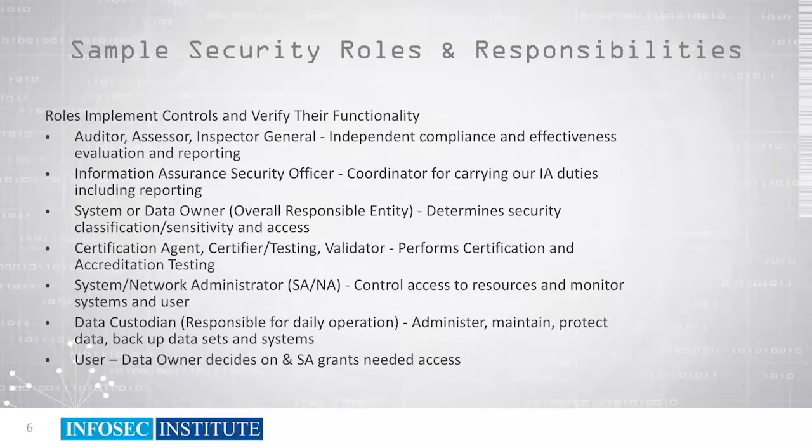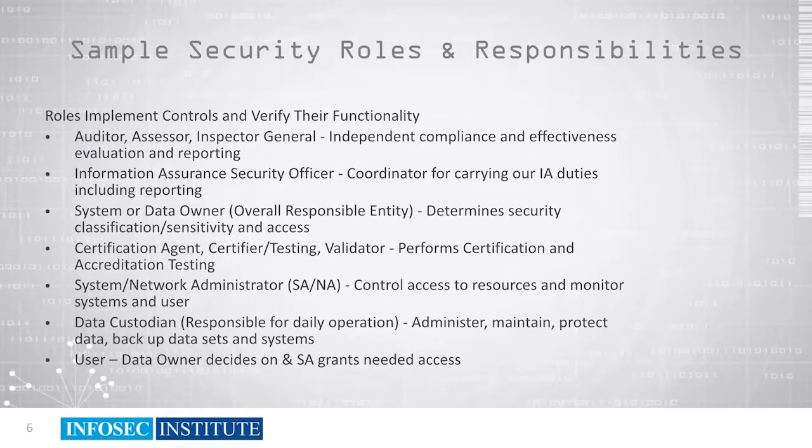It is important that we understand the individuals that use our system and their roles in that system. Auditors, assessors, or the Inspector General are responsible for independent compliance and effectiveness evaluation and then reporting on their findings. Our Information Assurance Security Officer is responsible for carrying out our information assurance duties, including reporting.